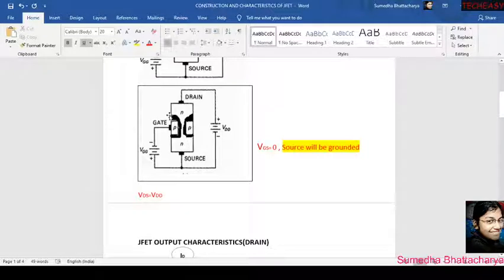First of all, because of the PN junction, a depletion region will occur. If we connect this VDD with drain and source, giving the higher potential at the drain and lower potential at the source, then with increasing VDD, the current will increase.